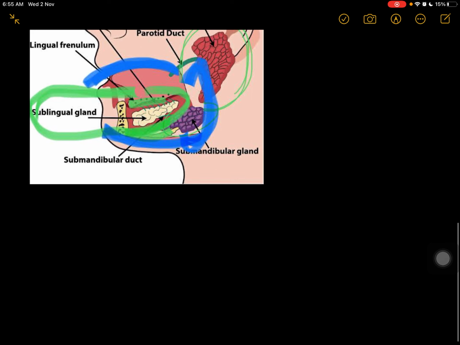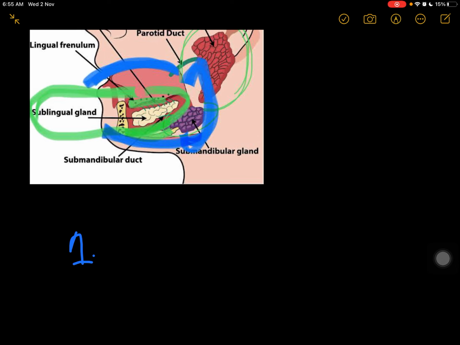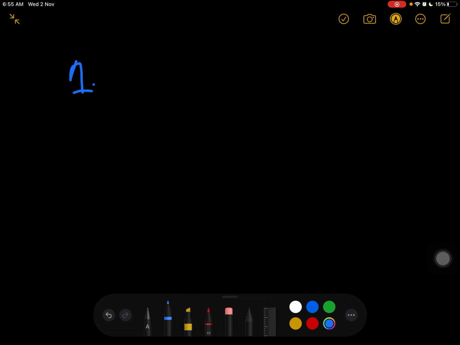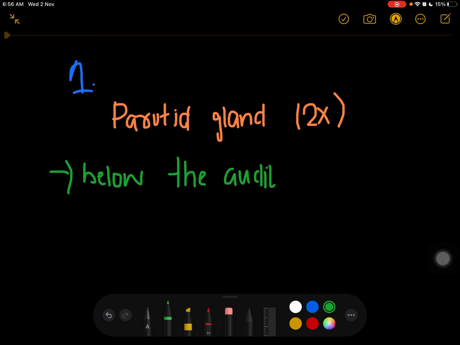So now let us discuss the first gland, which is the parotid gland. There are two in number, and they are present below the ear, below the earlobe.